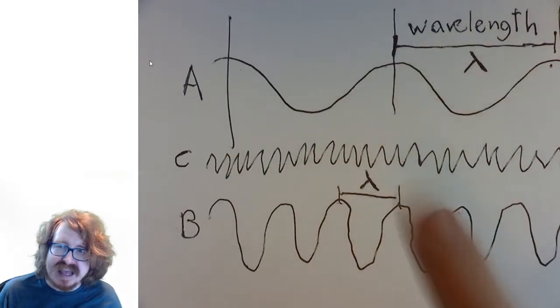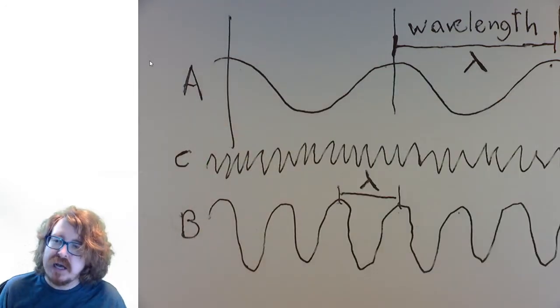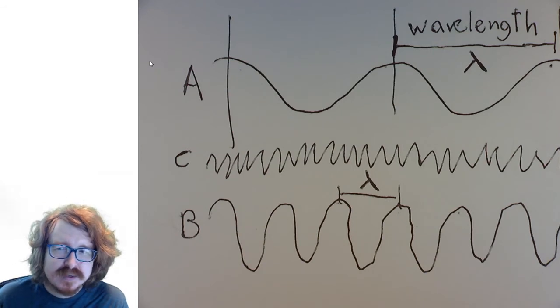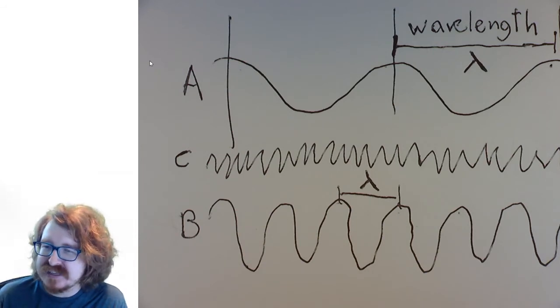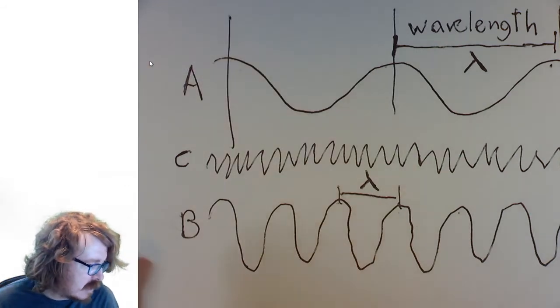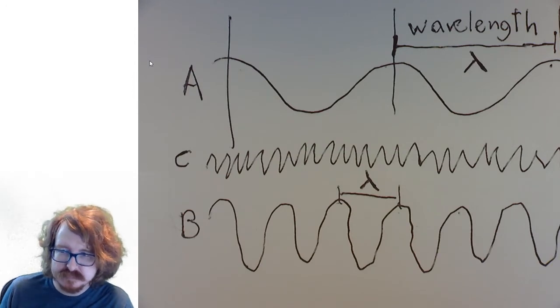So let's go back to these beams of light right here, A, B, and C. Sorry, they're in a weird order. Which one of these would have the highest energy? A, B, or C? Which one would have the highest energy?